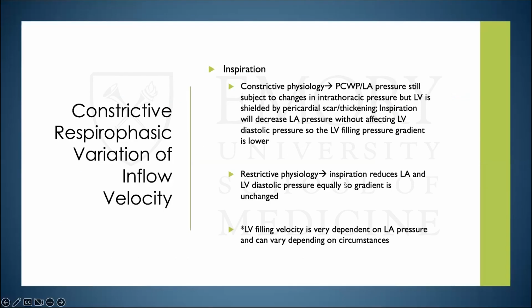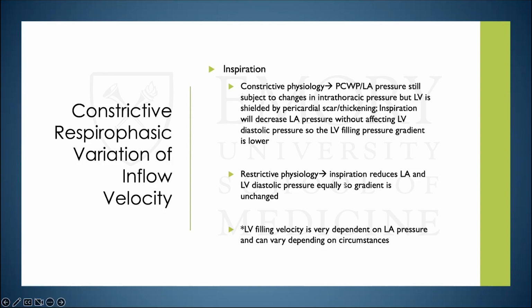So this is a very key point that I wanted to make. When you're looking at a constrictive patient, you have to try to understand the variation in inflow velocity. So you're looking at the inflow velocities across either valve, mitral valve or tricuspid valve, traditionally across the mitral valve. And what happens in constriction is your filling velocities will vary with respiration.